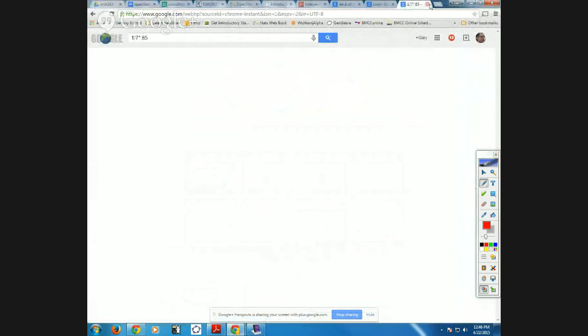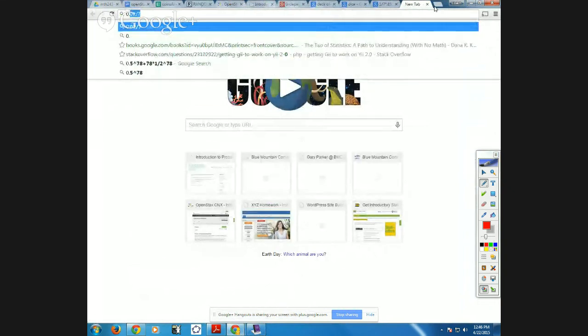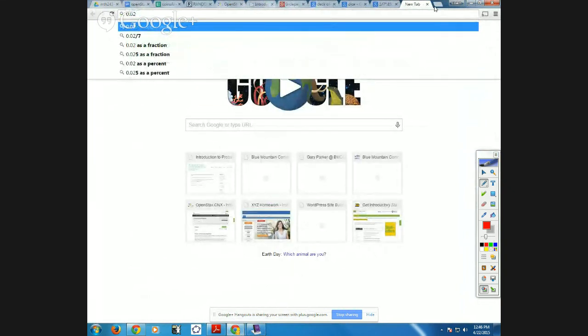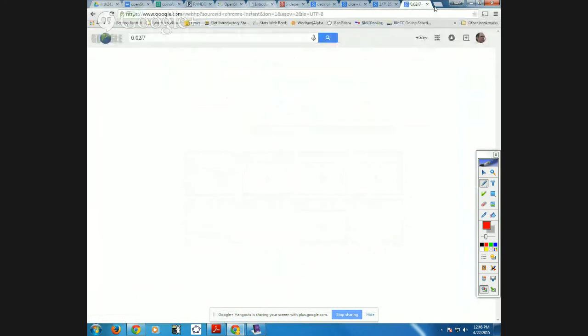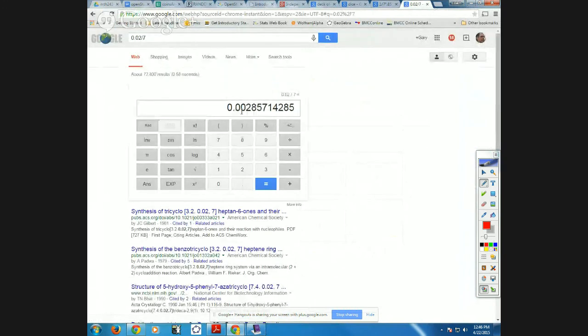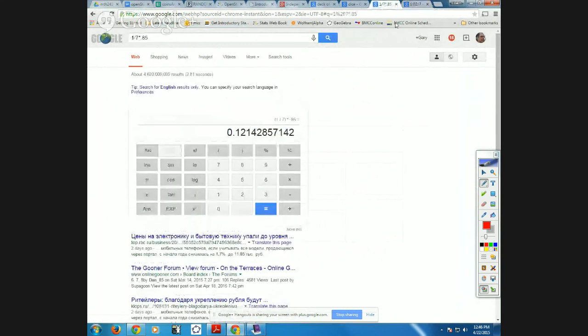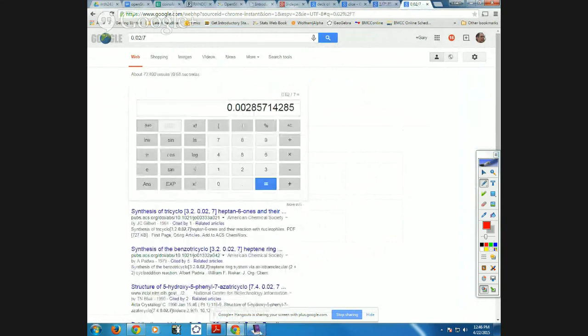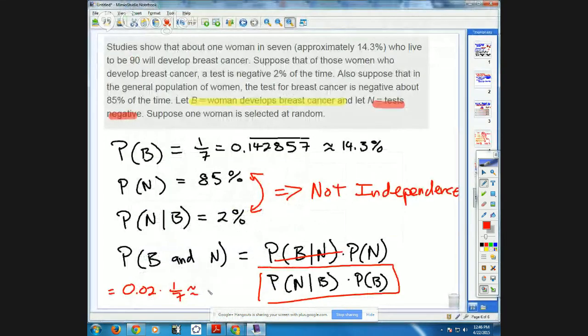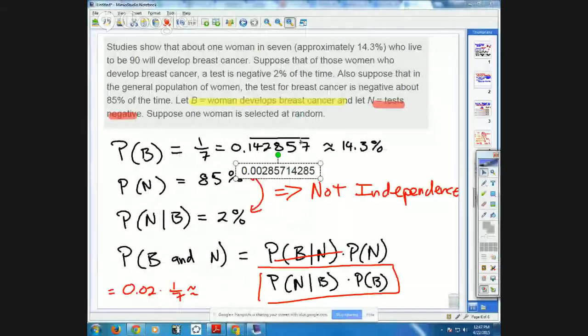So that was the 12%. Come on, Google, that's the wrong answer. The right answer should be 0.02 times 1/7, or divided by 7. If you turn that to a decimal, that's less than a whole percent, which is not the same as this probability right here. So more evidence that I don't have independent events.